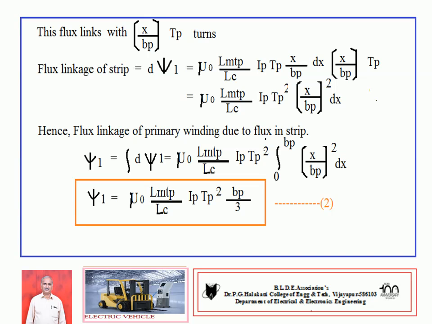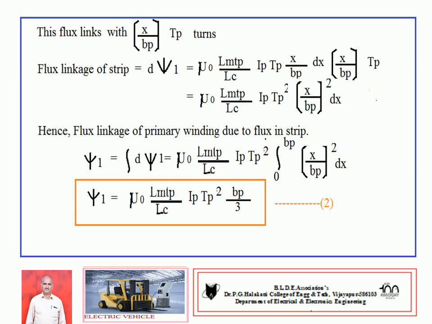Hence we are getting the expression in the middle. This is the flux linkage available at that strip. Hence the total flux linkage calculation of the primary winding is possible due to this flux strip. So we can take the integration limit.